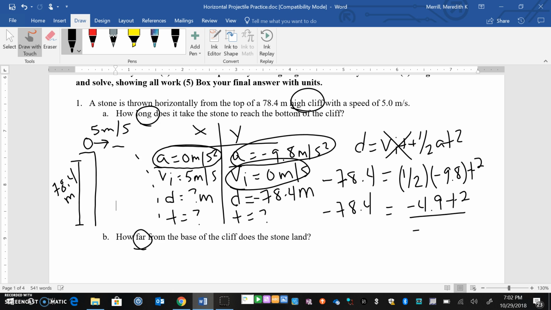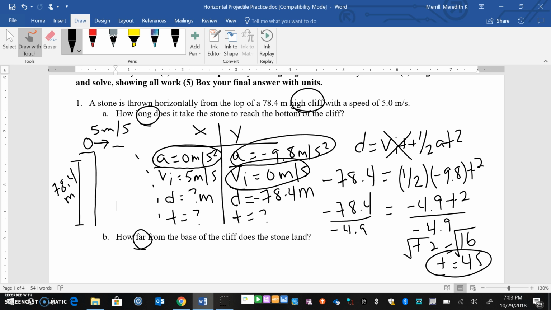I'm going to divide both sides by negative 4.9, and t squared is equal to 16. I can square root both sides, so t is equal to 4 seconds.